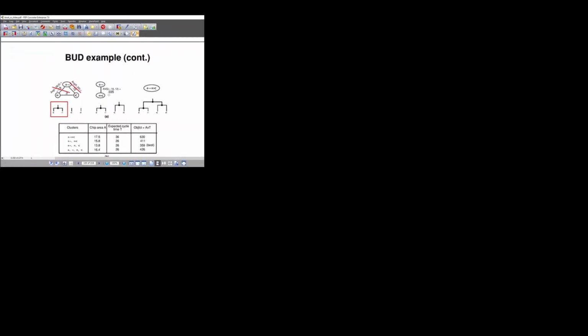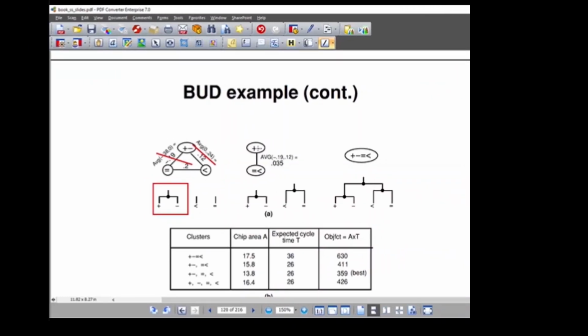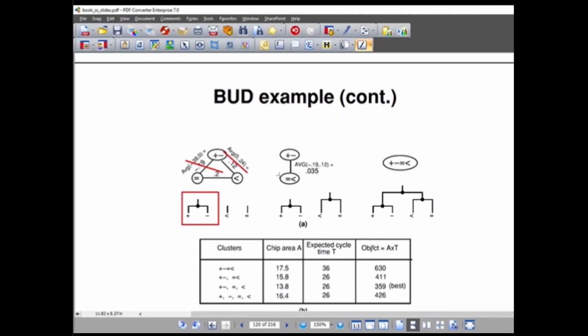We just need to take that into account and look at what the total minimal average cost will be. So here, once we combine addition and subtraction, and the equalizer and comparator together, you can see that the cost of that is 0.35.